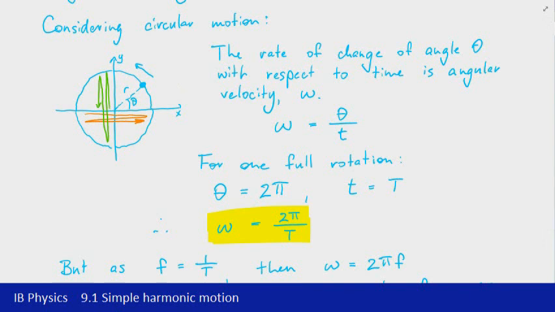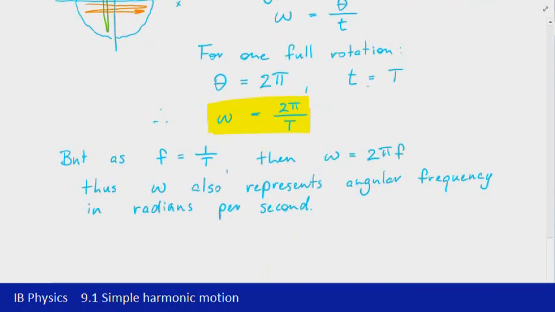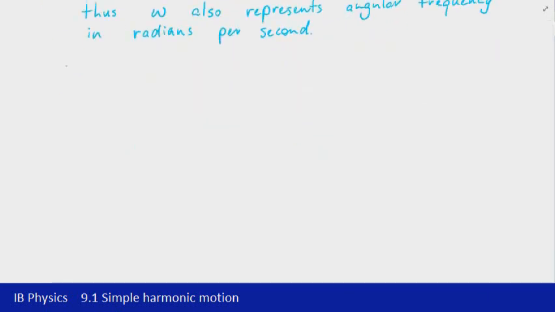What we will identify there is that if we consider the x direction, so in the x direction we have at any time t, we can identify what the x coordinate would be. So x is going to be equal to r cos theta. So if you want to go through the trigonometry for that, the x coordinate is equal to r cos theta.